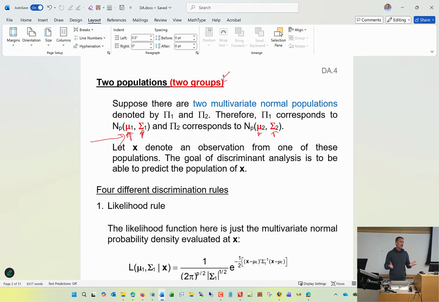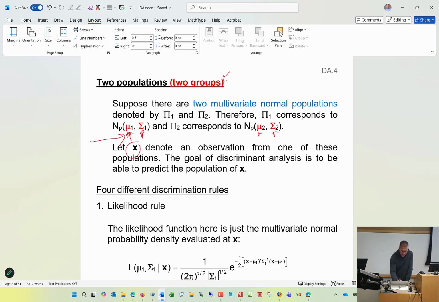Now, you've all looked at situations like this before in your very first stat course. Remember doing a hypothesis test for is mu1 minus mu2 equal to 0 versus not equal to 0? It's the same thing, except now we have multivariate normals instead. So instead of working with one variable, you're now working with up to p different variables.